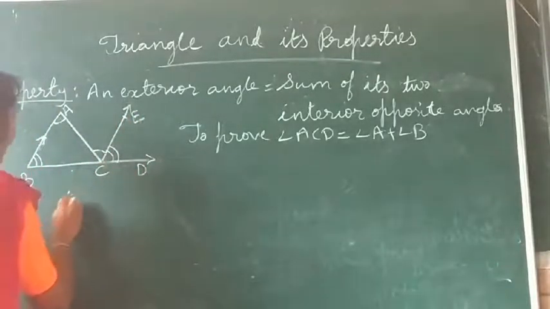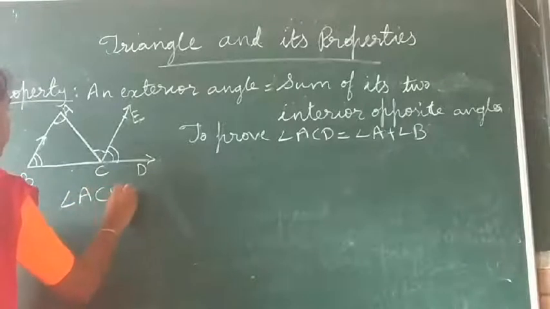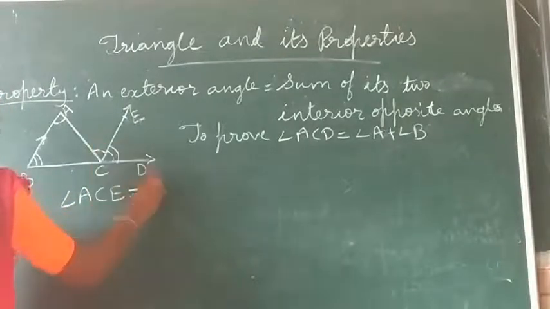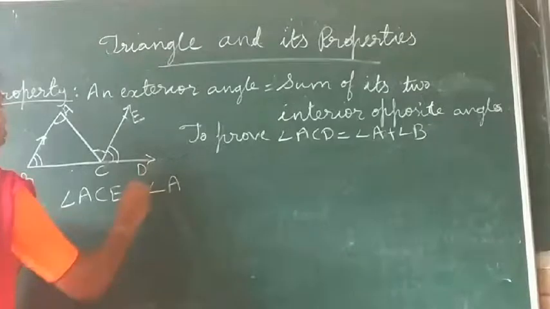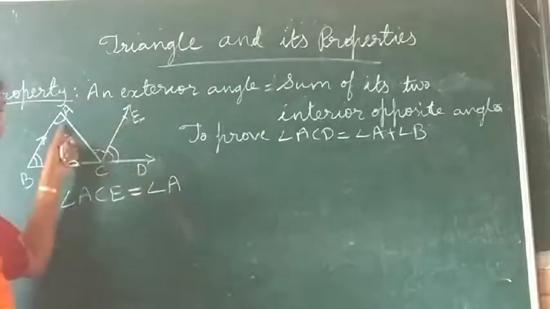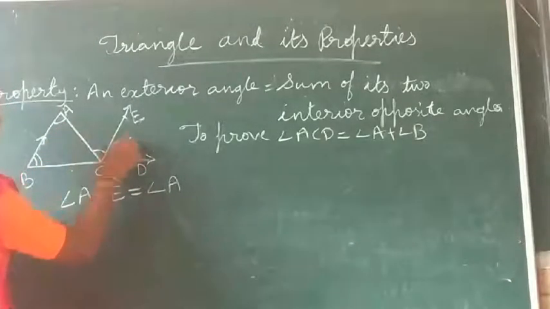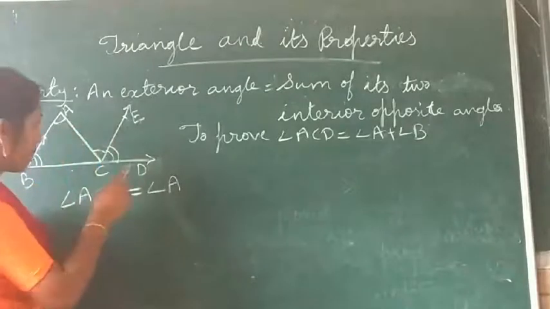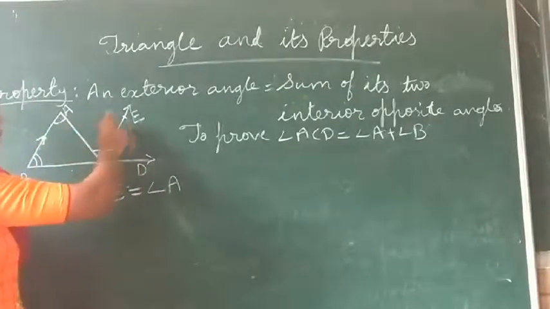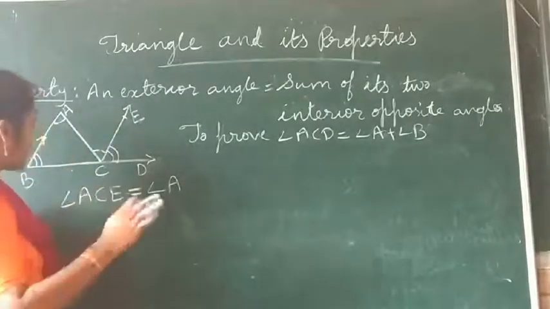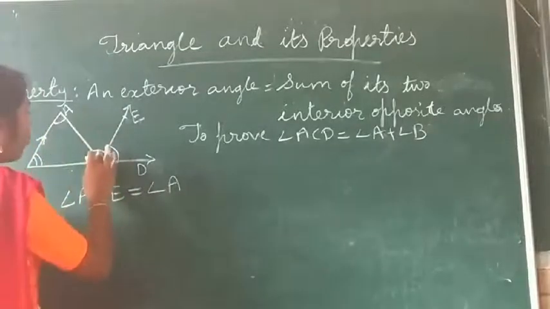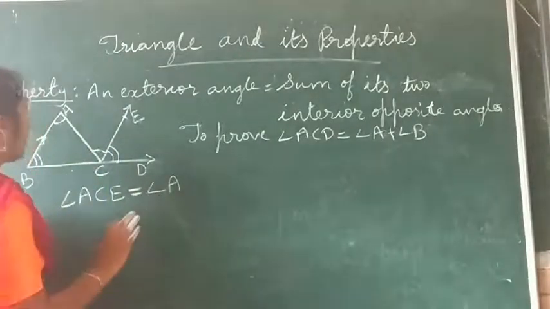We can write angle ACE is equal to angle A. Why is angle ACE equal to angle A? Because angle ACE and angle A are alternate angles. We know that when two parallel lines are cut by a transversal, alternate angles are formed and the alternate angles are equal.